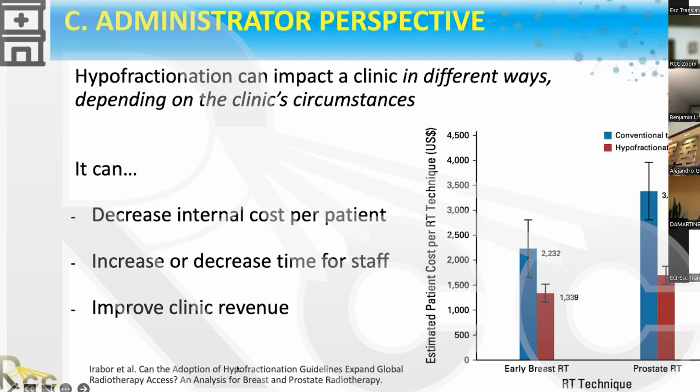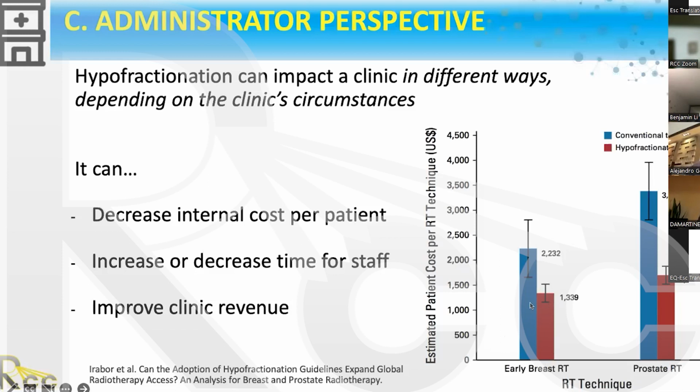This is a graph from a paper called Expanding Global Radiotherapy Access by Kendall. You can see the name of the paper on the bottom, and they compared 25 versus 20 and 39 versus 20 fractions.